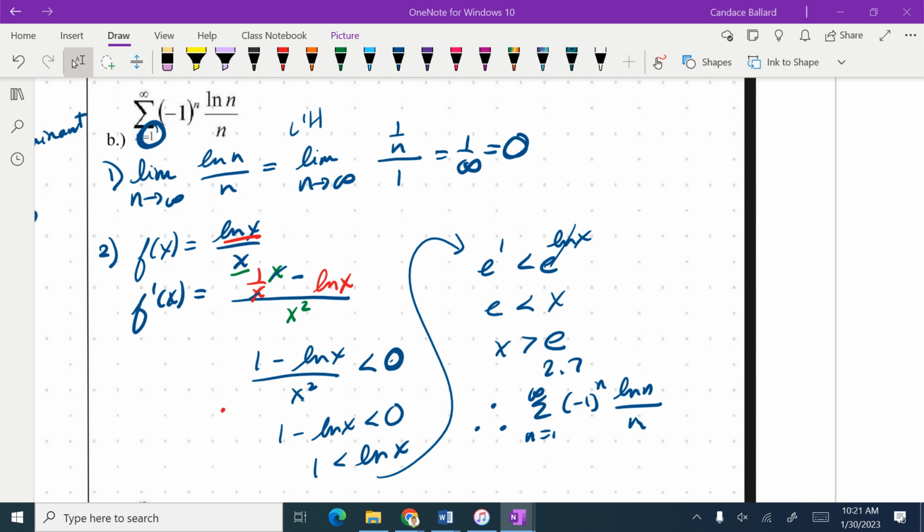Converges by alternating series test. And I'm going to be specific about the interval for n. I'm switching it to an n instead of an x because that's what our series is in. For n greater than e, it really does converge for the whole thing because it trends towards decreasing.